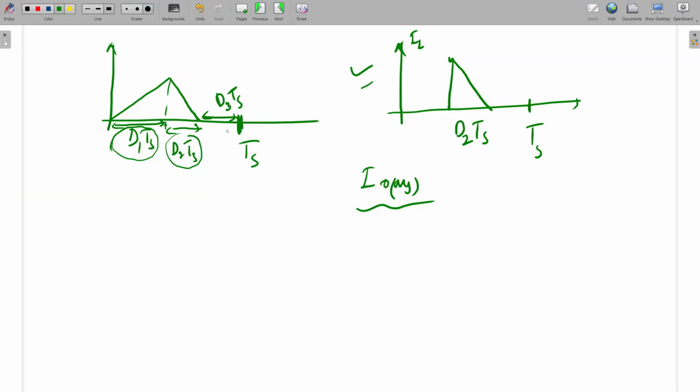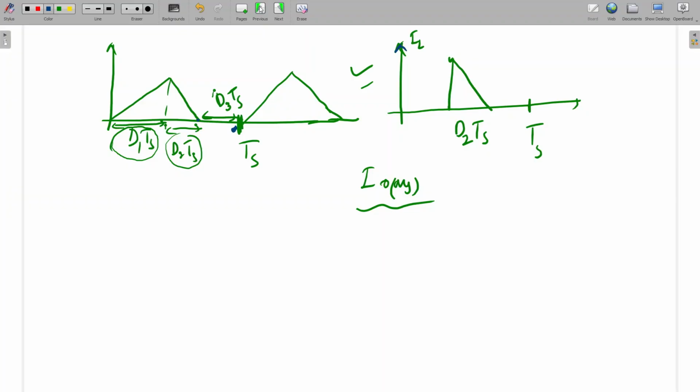The current will start again like this and is conducting up to here only. For D3 TS time the inductor current will be 0. If it comes up to here, then we can say this is the boundary condition. But if it discharges before this time period, this is the discontinuous conduction mode.